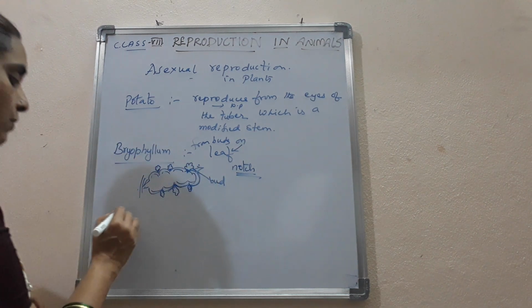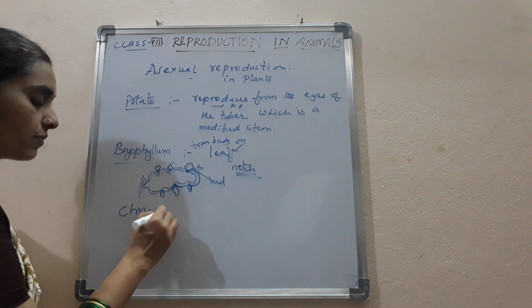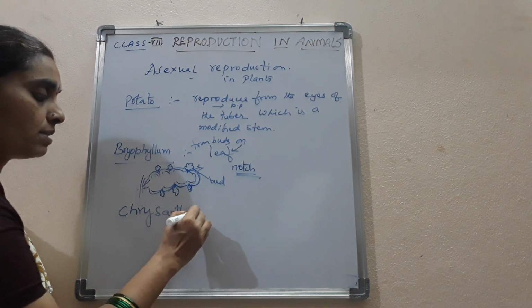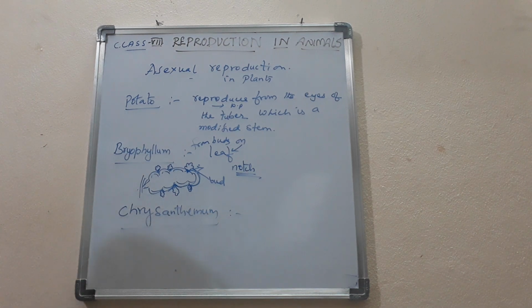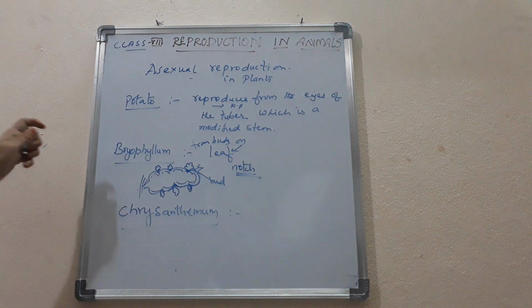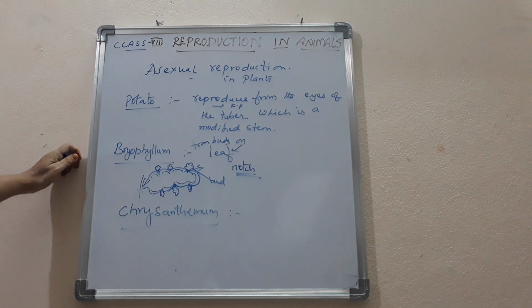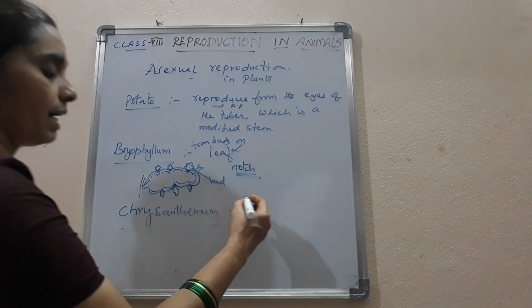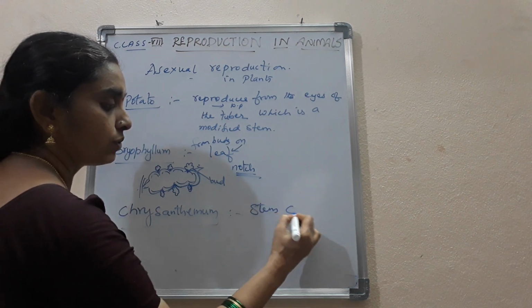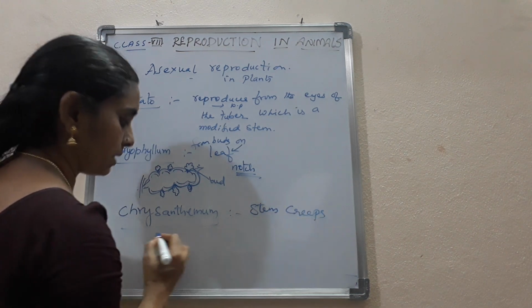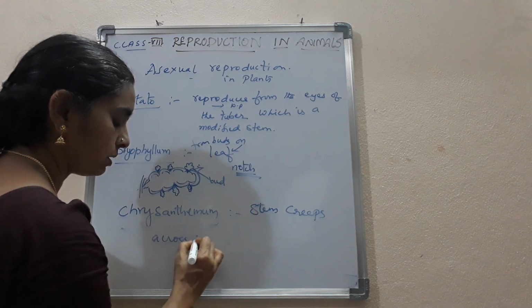Next, chrysanthemum. You say chamanthi, isn't it? Chrysanthemum. How does this plant reproduce? This plant reproduces through the stem. That stem creeps across the ground and strikes roots at the nodes.